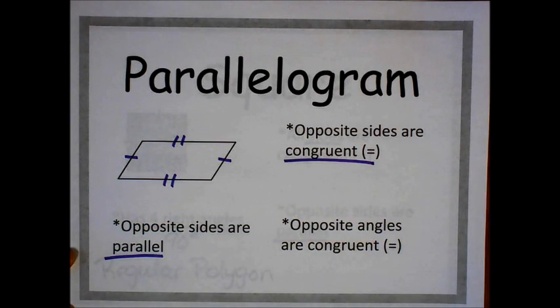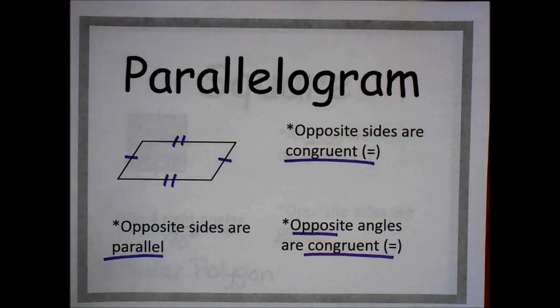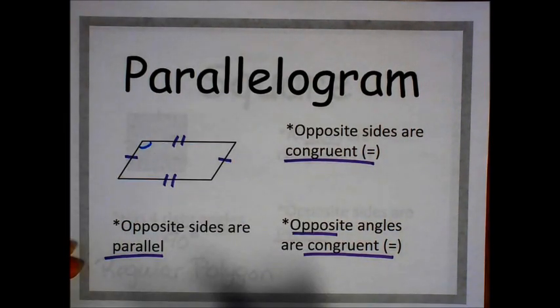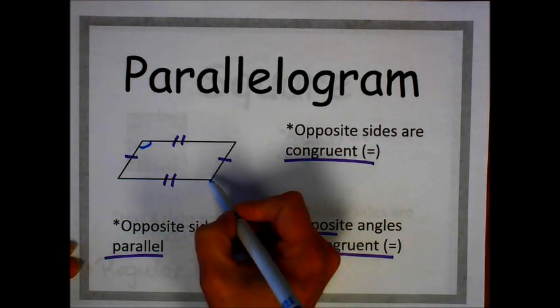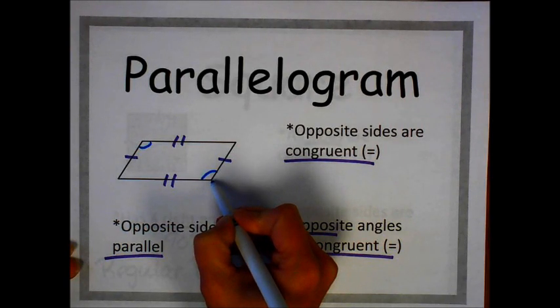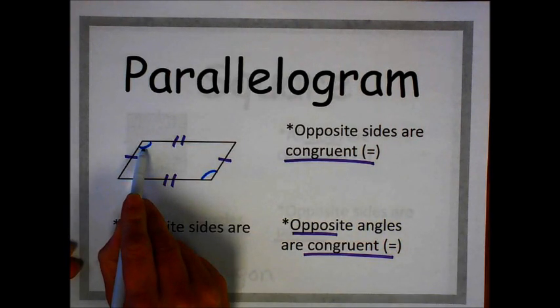You also need to know for a parallelogram that opposite angles are also congruent. For example, if I take the top left angle, that's an obtuse angle, so my other obtuse angle is also equal to this measurement.